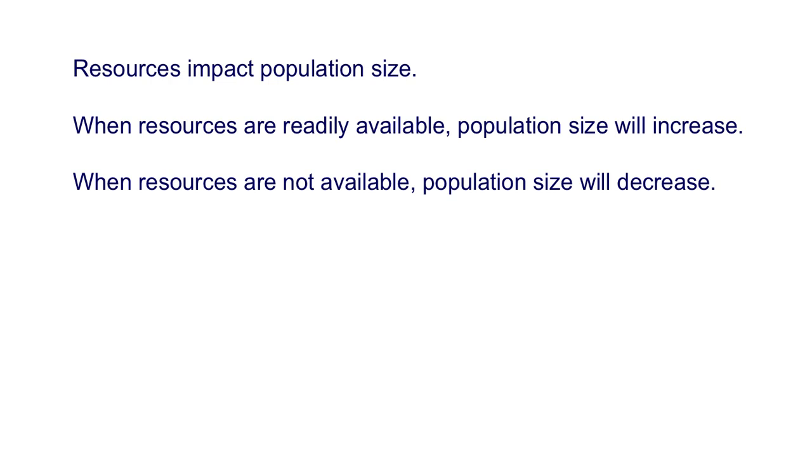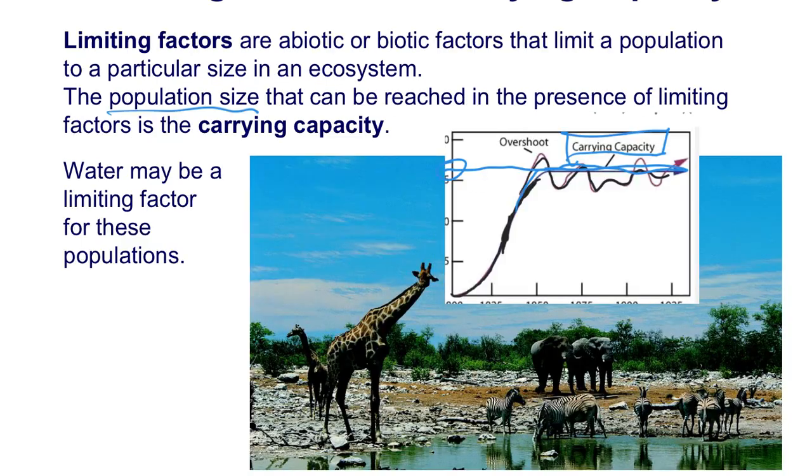Obviously, when resources are in abundance, population size will increase. You can feed more people, you can have babies, not worry about your babies not having enough food. But when resources are not available, food mainly, population size will obviously decrease.